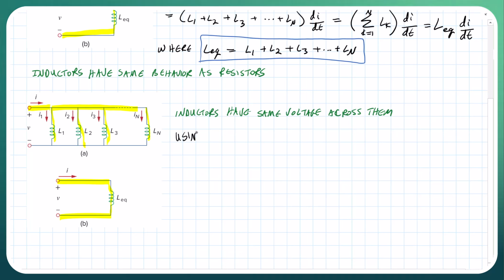Using KCL, we see that the current I is going to equal I1 plus I2 plus I3 all the way to I sub n.